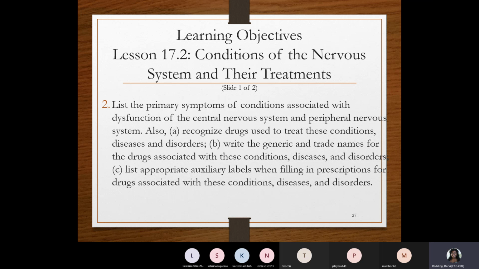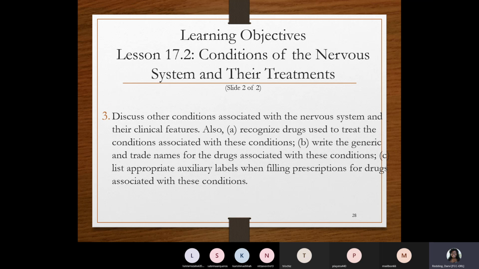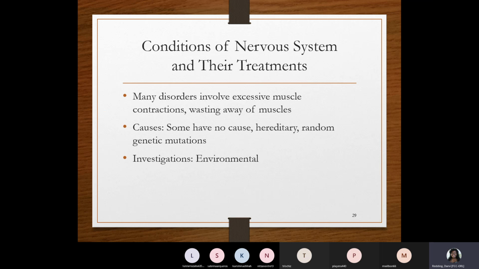You should also be able to recognize some drugs that are used in these treatments, conditions, and disorders, as well as being able to get familiar with the brand and generic names and be able to list appropriate auxiliary labels for filling the prescriptions with the medications that are associated within this chapter. You should also be able to discuss some conditions that are associated with the nervous system and some other clinical features. And you should also be able to get familiar with the brand and generic names of those medications.